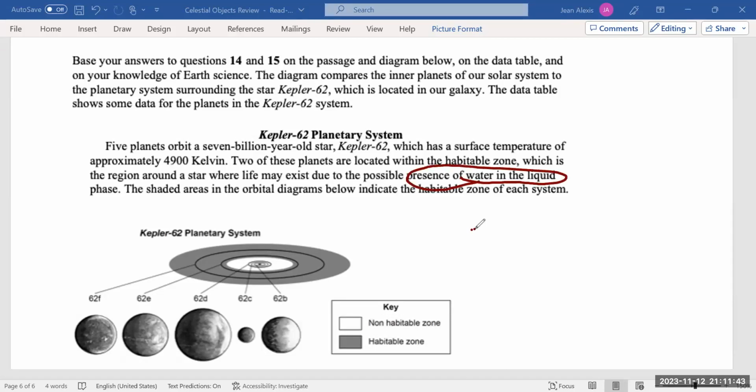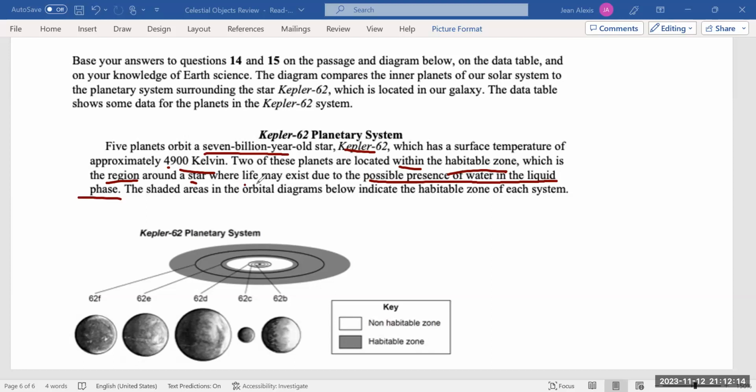So let's take a look and actually see what is going on in the reading. So it says 5 planets orbit a 7 billion-year-old star, Kepler 62, which has a surface temperature of approximately 4,900 Kelvin. 2 of these planets are located within the habitable zone, which is the region around the star where life may exist due to the possible presence of water in the liquid phase.